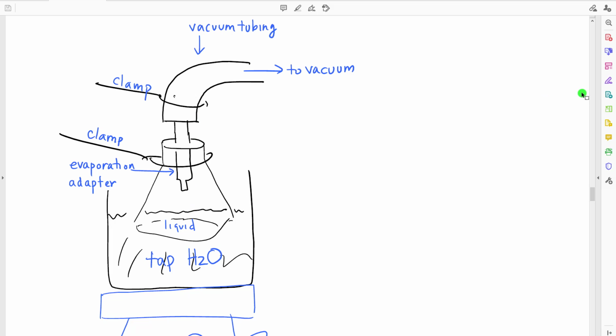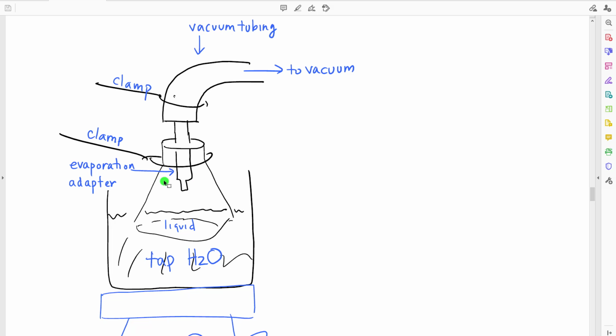Because that vapor is now out here, it will not be able to go back down, strike the surface of the liquid, and go back into the liquid. So therefore, the liquid vapor system will never reach equilibrium. This then, by Le Chatelier's principle, means that as the vapor moves away, more vapor will have to come up to replace it.